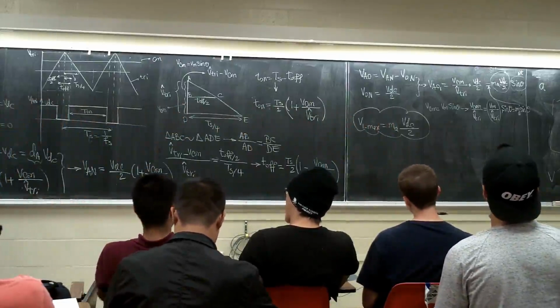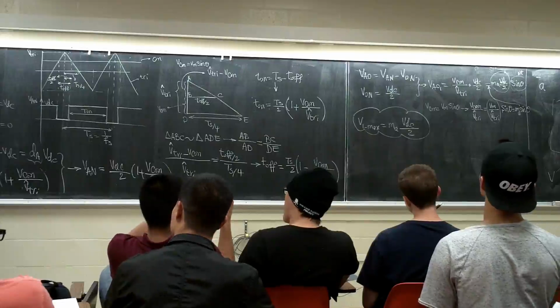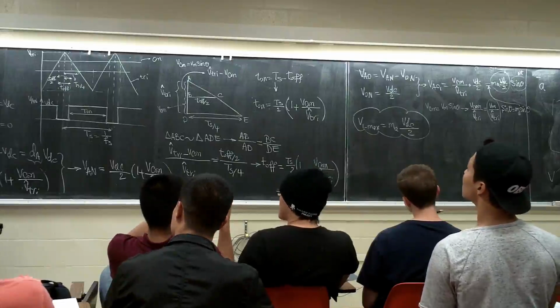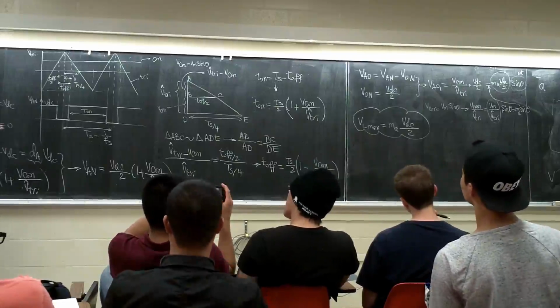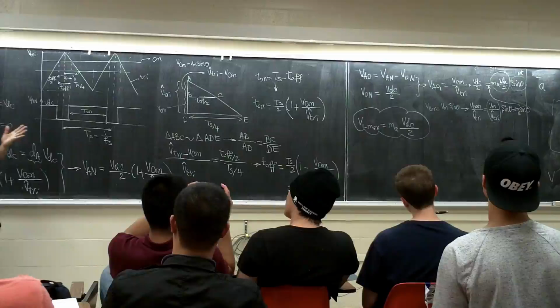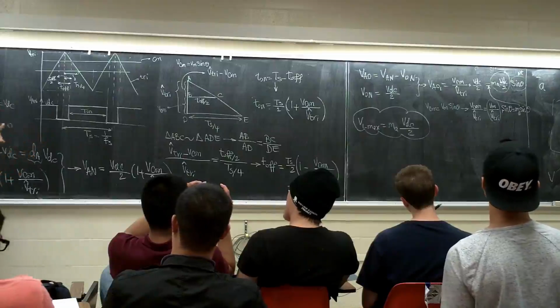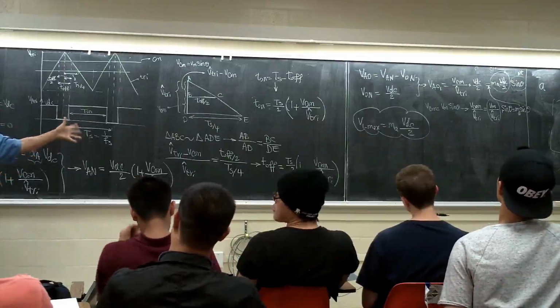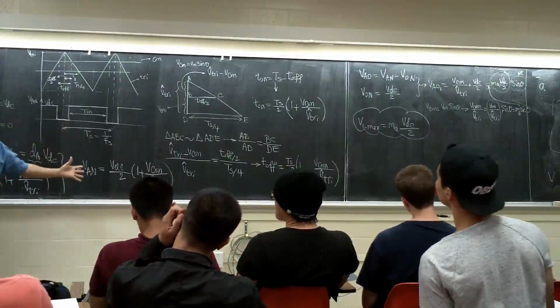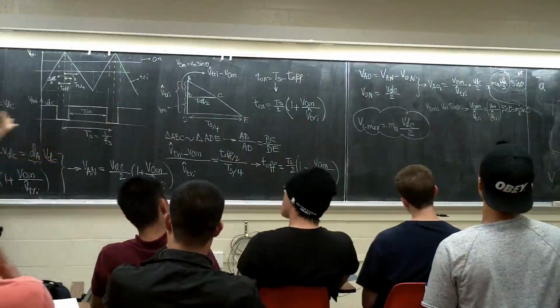Sometimes if you don't have a question, there are two possibilities: one is you completely understand it, the other is you didn't understand at all. Which way is correct here? I don't think there is anything to not understand, but maybe the first time you are seeing it, we need a little bit more time to digest it. Just look at what I did.